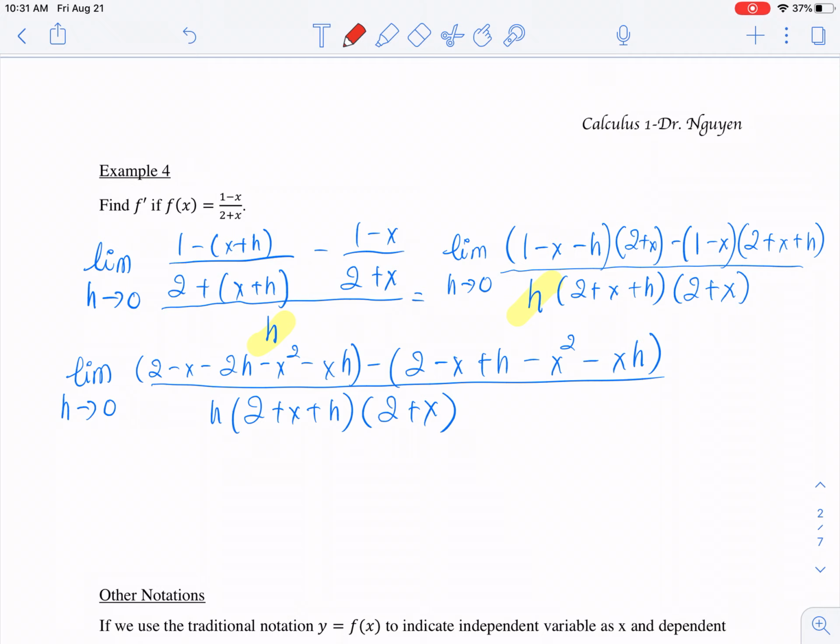So what do we have? We have 2 minus 2. We have x, and then this is positive. We have this one and this one, this one and this one. So we ended up with negative 2h minus h, which is negative 3h.